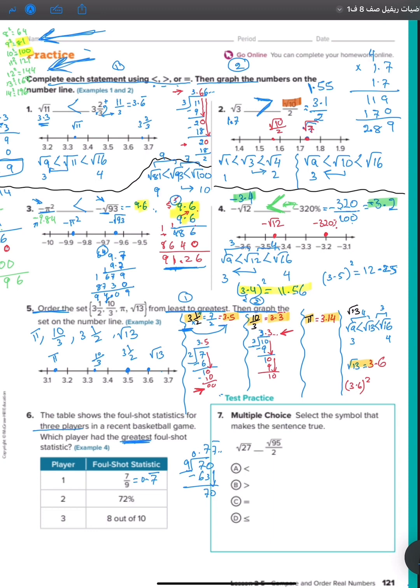72 percent is equal to 0.72 because it's over 100. 8 over 10 is the same, equal 0.8. We can write 72 over 100, which is this one. Okay, so which one is the greatest?